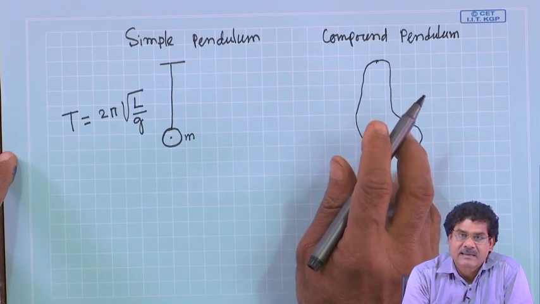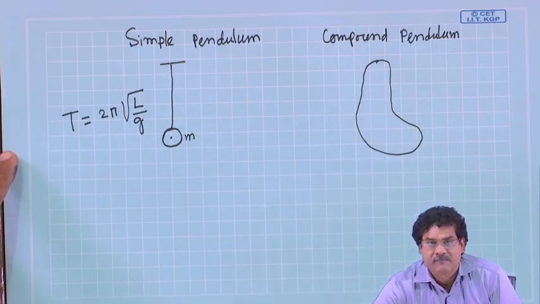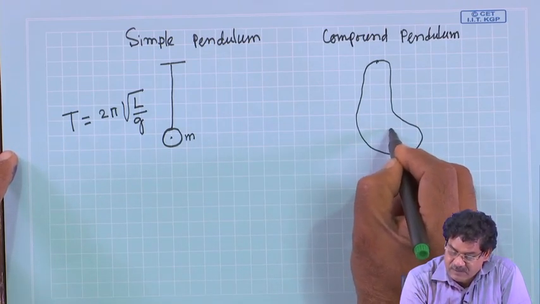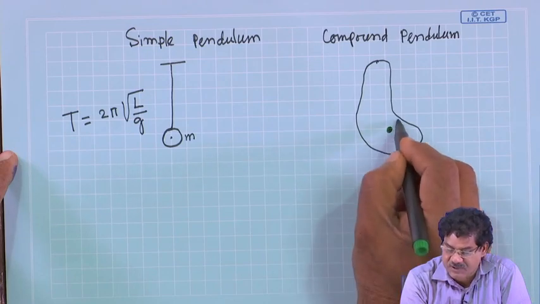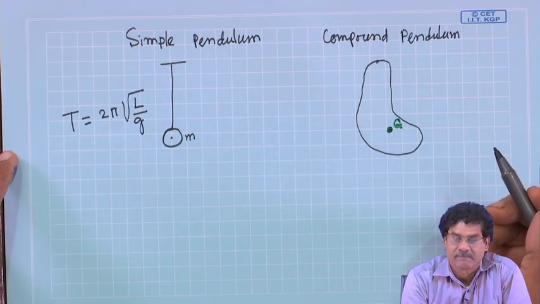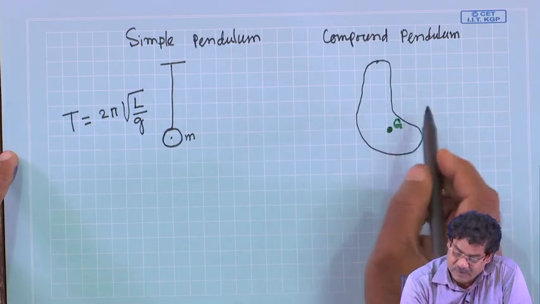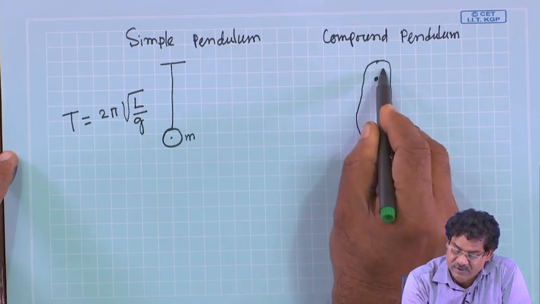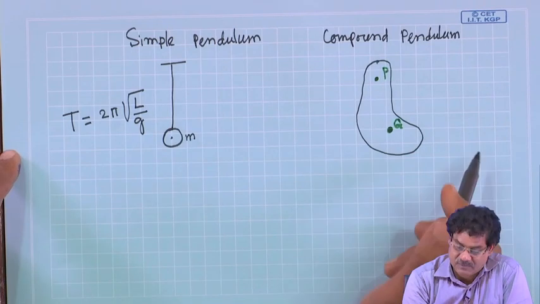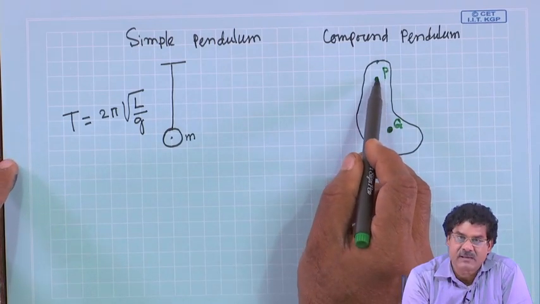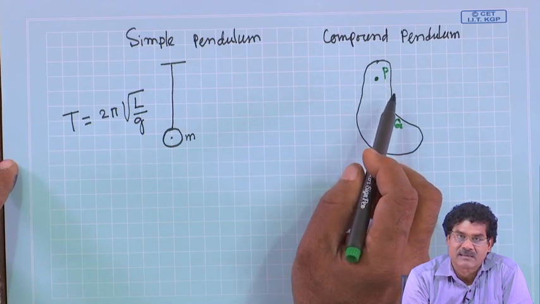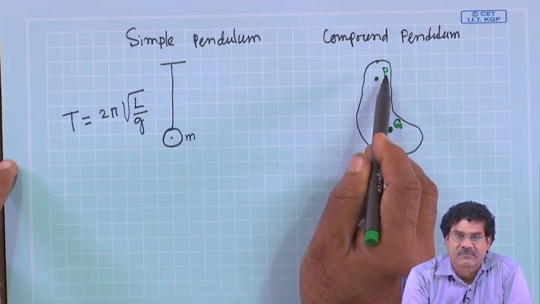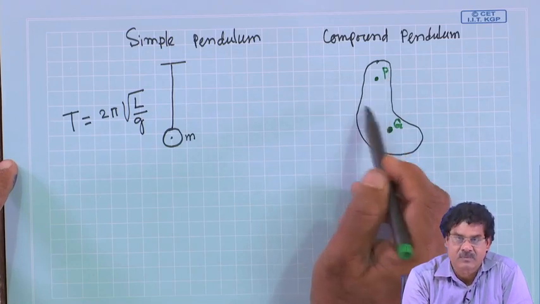So, it has a center of mass, say the center of mass is this one, G. And the suspension is through a point, say here, point P. So, there is a horizontal axis passing through this point P. This is the point of suspension of this body.